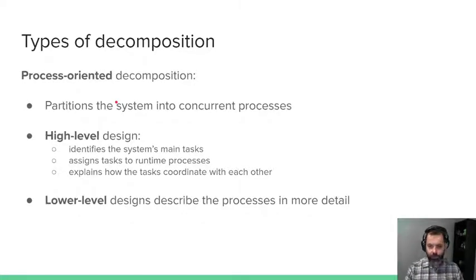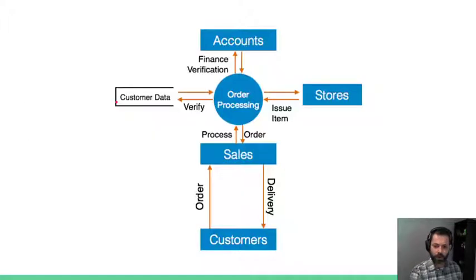Process diagrams, we're going to look at in terms of a data flow diagram, which sounds kind of odd since we just talked about data. But basically here, we're going to have some process, and we're going to see how it interacts with other processes, with other objects, with data stores.